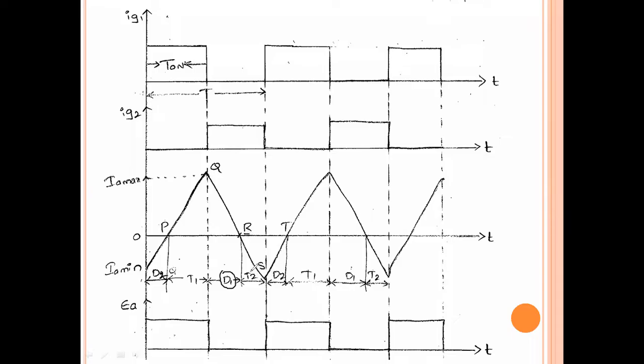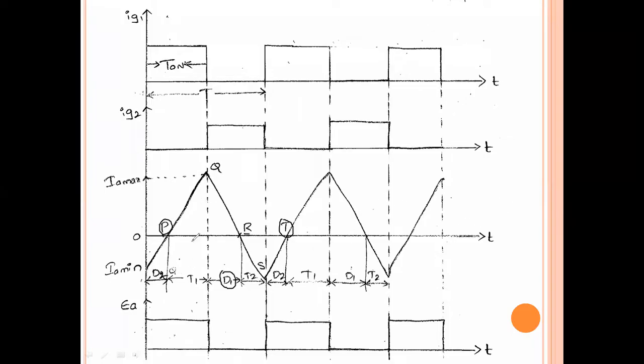And at point S, I am turning off the thyristor T2. Here diode D2 conducts, and the current goes from the maximum negative point to 0 at point T. This point T is the same as point P. From point T, the same cycle repeats again, and this cycle will repeat till the end.